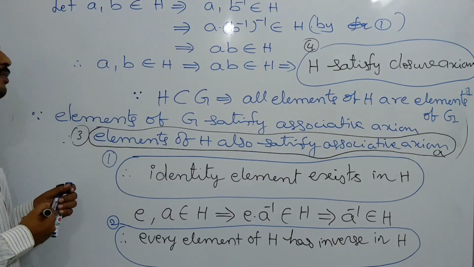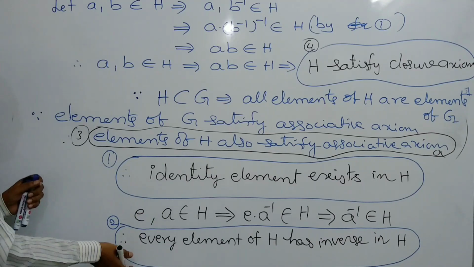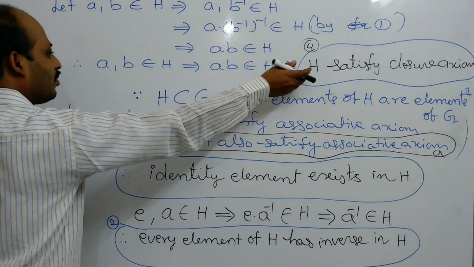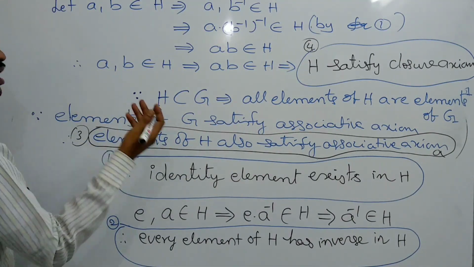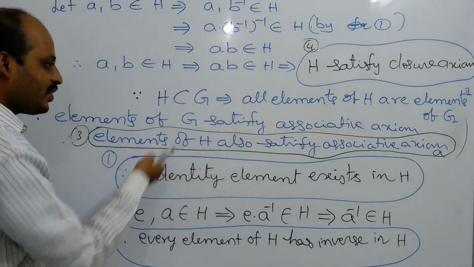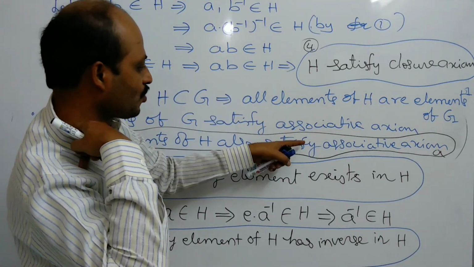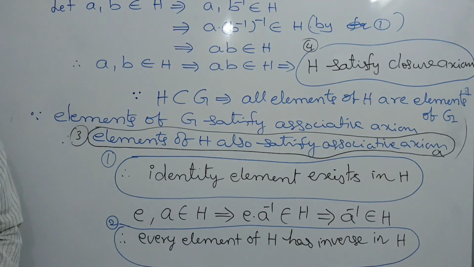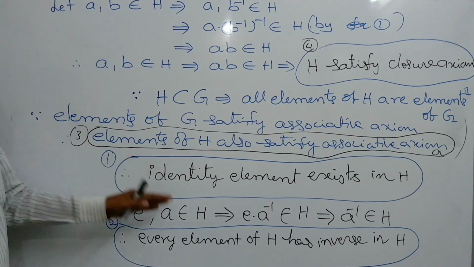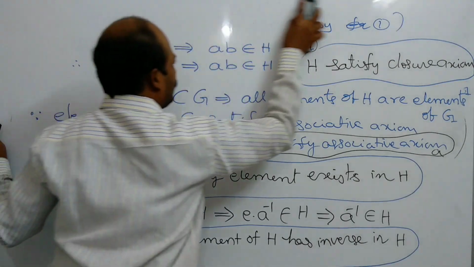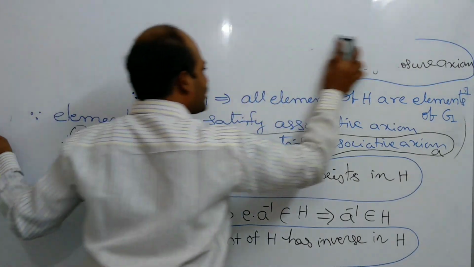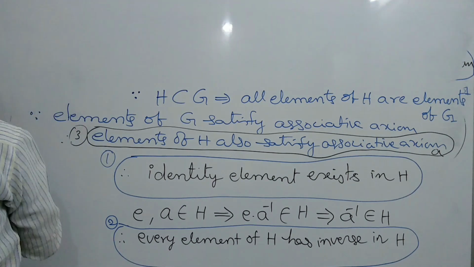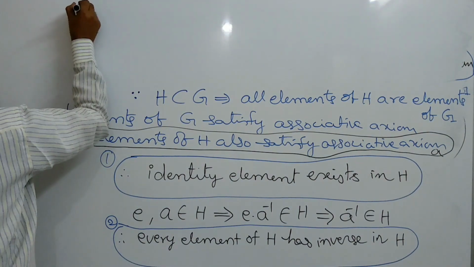But we proved them in a different order. First we proved identity, then inverse, then closure, and then finally the associative axiom. By these four axioms, closure, associative, identity and inverse, we conclude that H is itself a group.